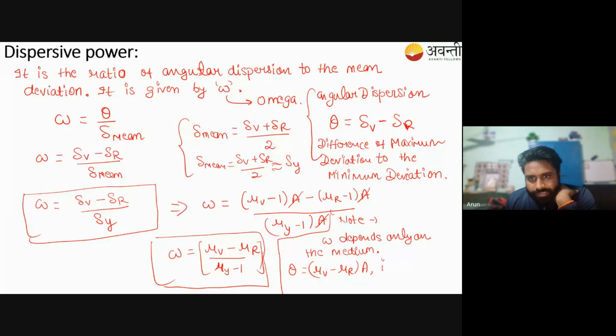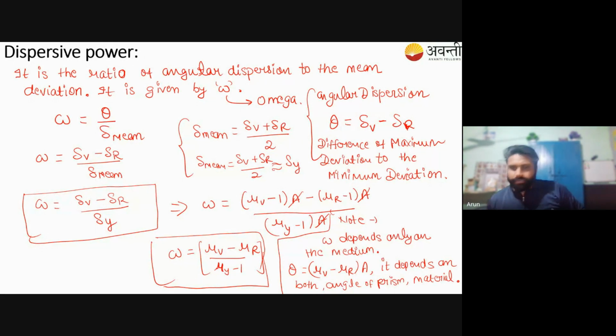So it depends on both, angle of prism and the material. Okay, so these 2 points you have to note down.